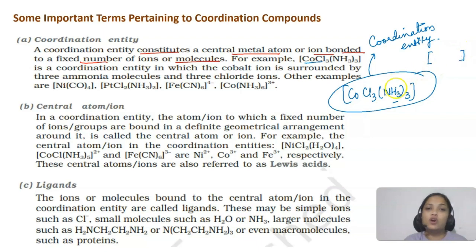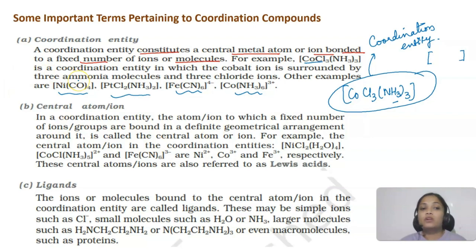Always we will not be using round brackets, we will be using these square brackets for writing the coordination entity. Okay, there are various other examples given here. So this coordination entity is telling us about the central metal atom or ion bonded with a fixed number of ions or molecules.